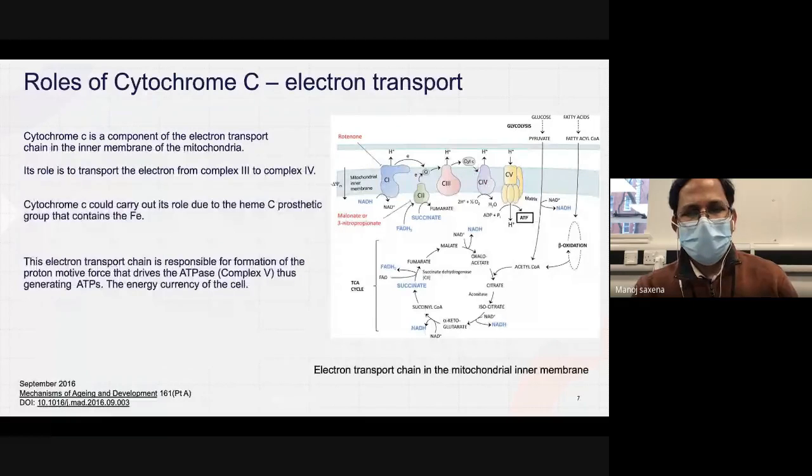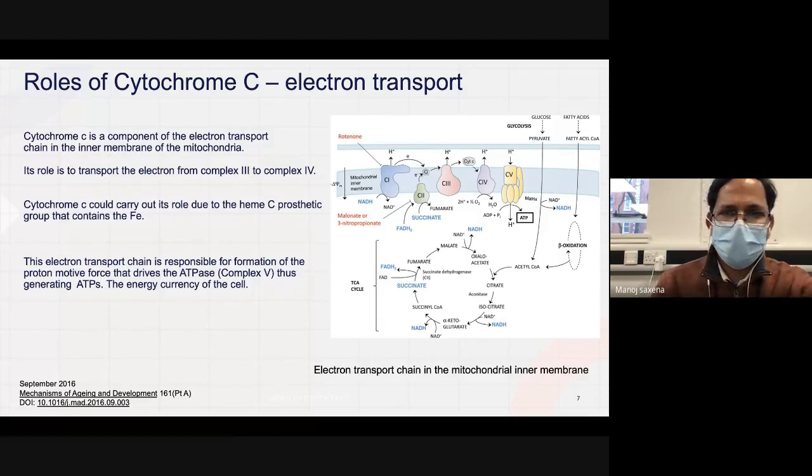And many of the properties of this protein cytochrome C are attributed to this heme-C itself, and specifically the iron. The ability of this iron to change from one oxidation state to another, namely ferric to ferrous, is a reversible reaction, so it can change both ways.